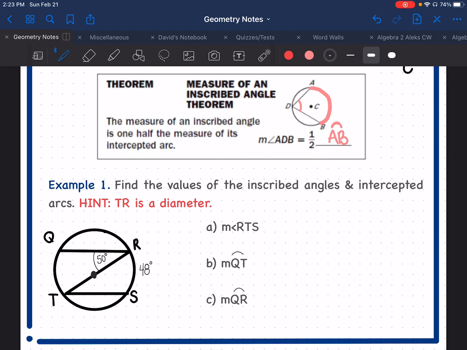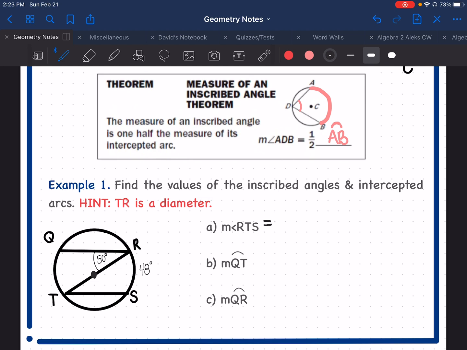Now let's take a look at what they want me to find. They want me to find the measure of angle RTS. So I'm going to go from letter R to letter T to letter S. We want to find this angle right here. Well, we're going to use this theorem that says, since I know the arc, it's just going to be half.